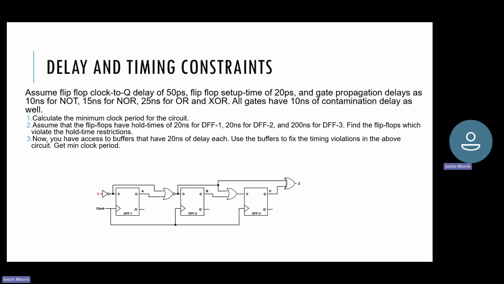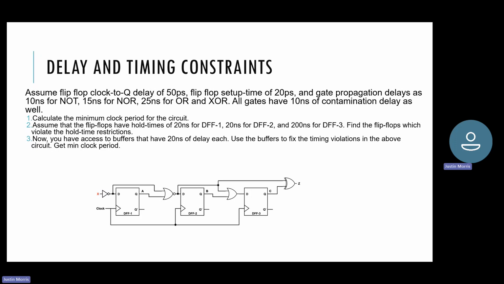What about from Q here, after the first flip-flop? It's also here, because this includes the clock to Q of the flip-flop, which is 50, certainly longer than 10. And then it follows that same path.